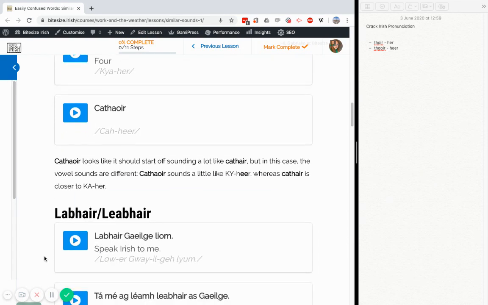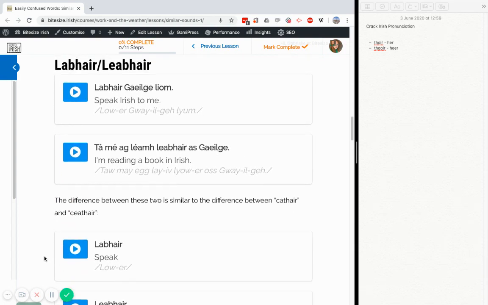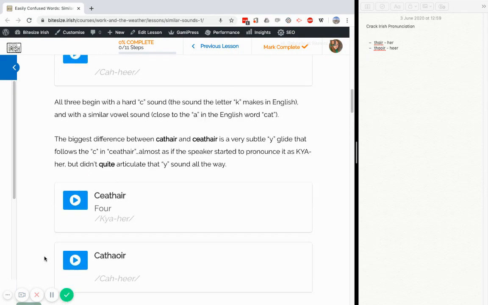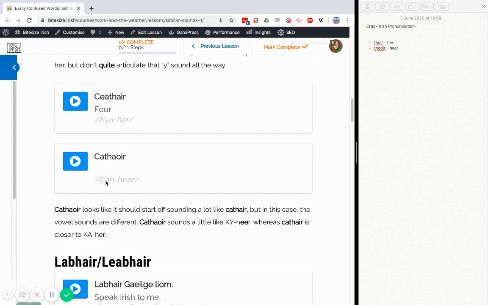Our next two words are labhair and leabhar. We already looked at the other pair, where the only difference was that Y glide, and it's similar here.